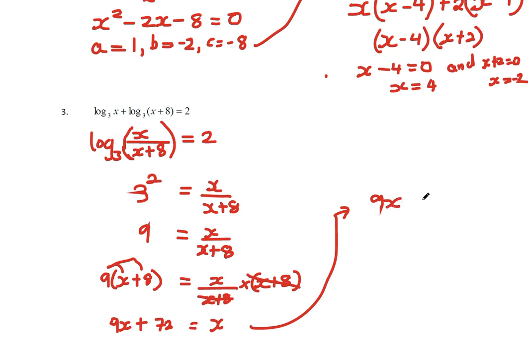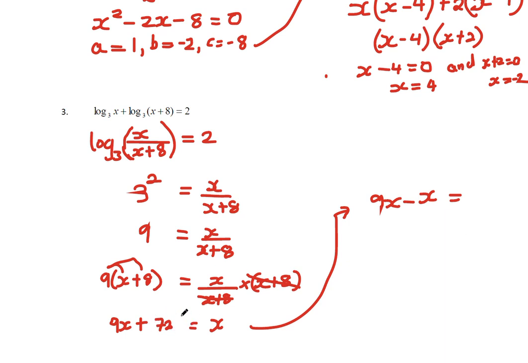I'm going to put the x's together on the same side, preferably where it would be positive, which is on the left side. So if the x on the right-hand side goes to the left-hand side, it will become a negative by inverse operation. And we're going to put the constant to the other side of the equation, so we're grouping like terms.